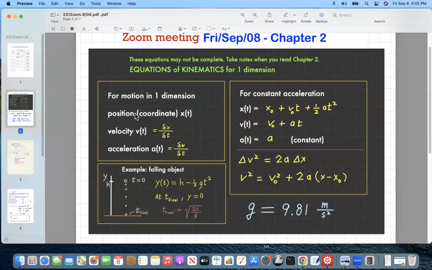And that number is called the coordinate. So for motion in 1 dimension, we have position, or we also call that coordinate, which is the x value, the numerical value along the number line. And that will depend on time. So x is a function of time.